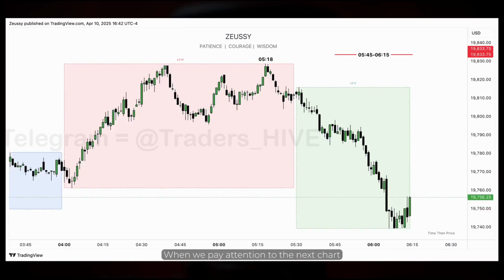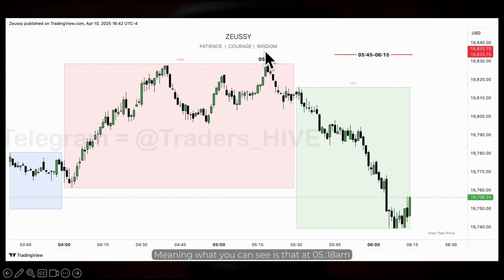When we pay attention to the next chart example, you can see that the reversal occurred outside of our macro window, and therefore, what we're paying attention to is the following rule. Whenever a market reversal occurs outside of the macro window, we pay attention to the next macro to anticipate the expansion to take place.